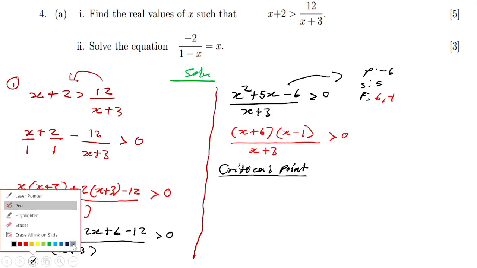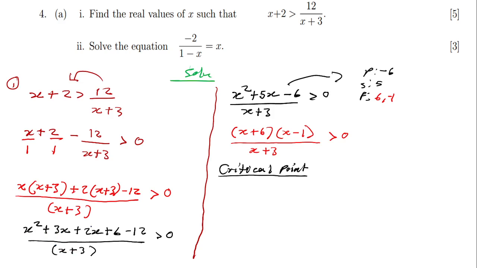You just equate the factors in the numerator and the expression on the denominator to 0. I'll start with x plus 6 equals 0, so x is equal to negative 6. This is the first critical point.